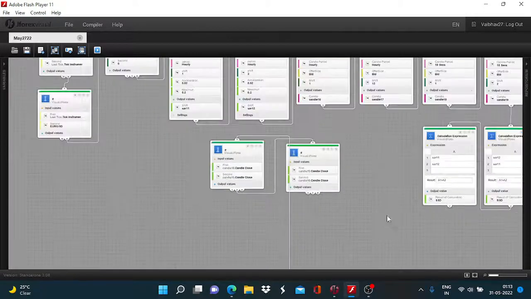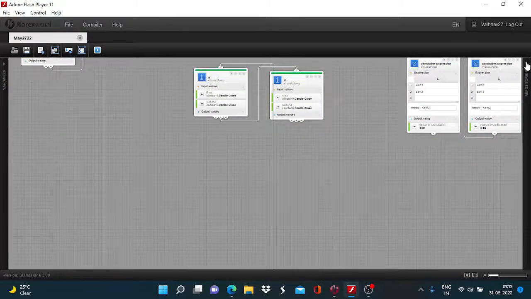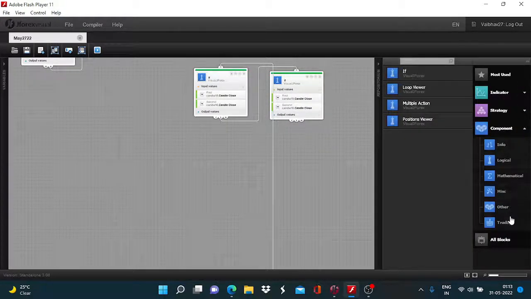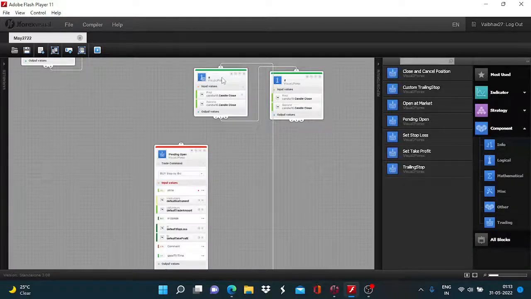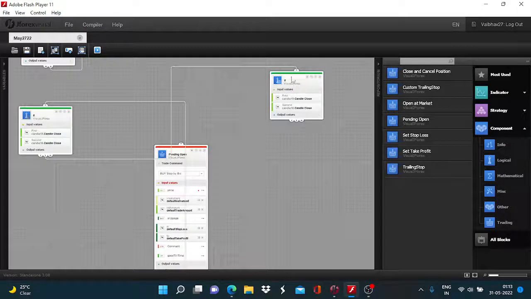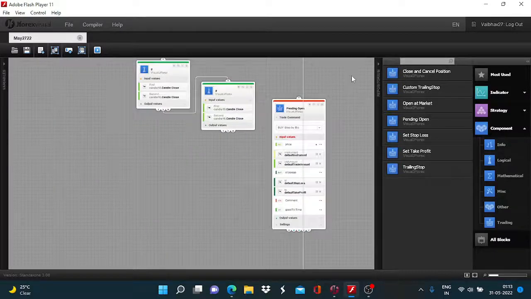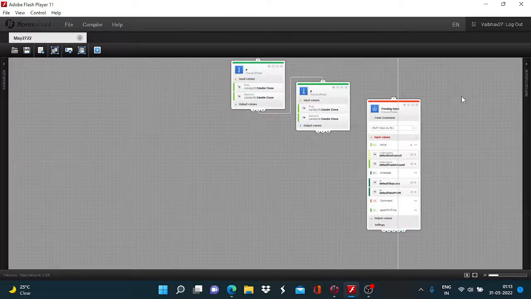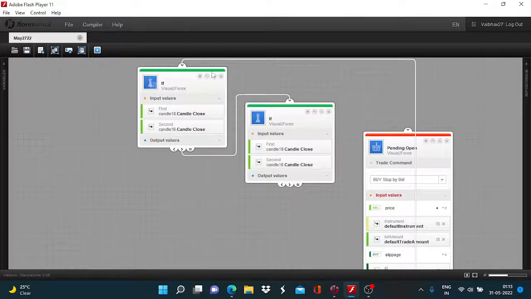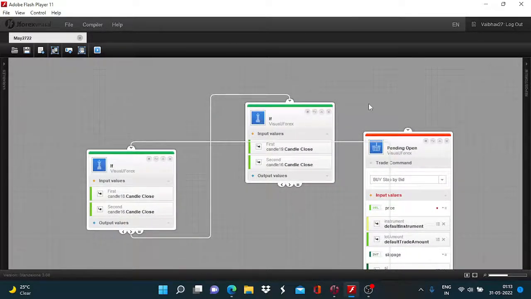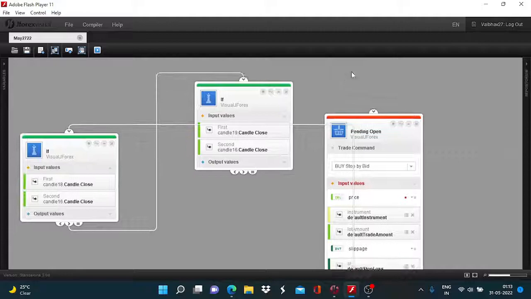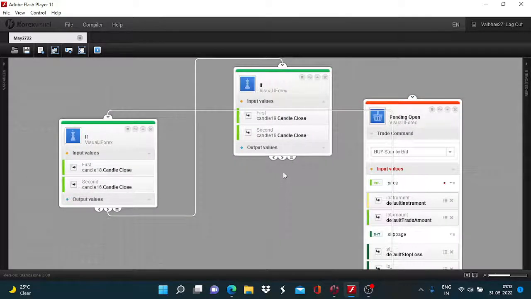After that, we will bring in the trade command block, which is going to be a pending open order. First input less than second input.